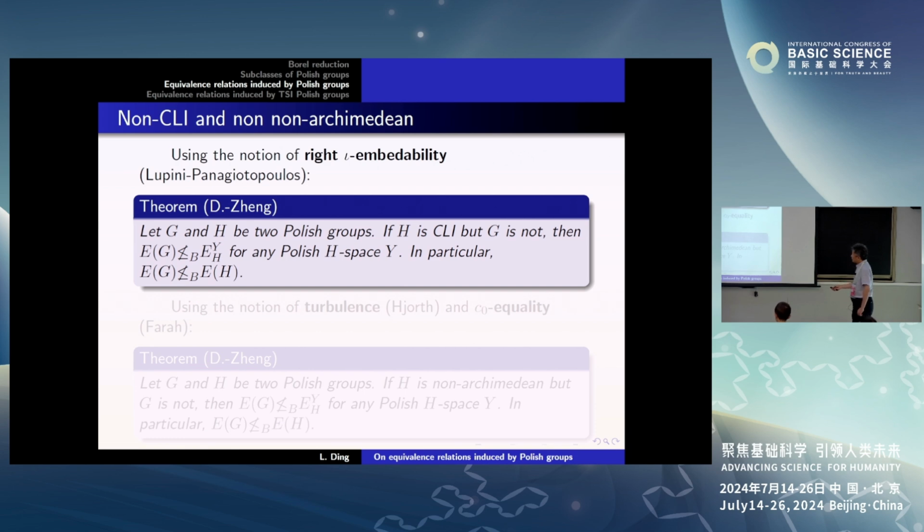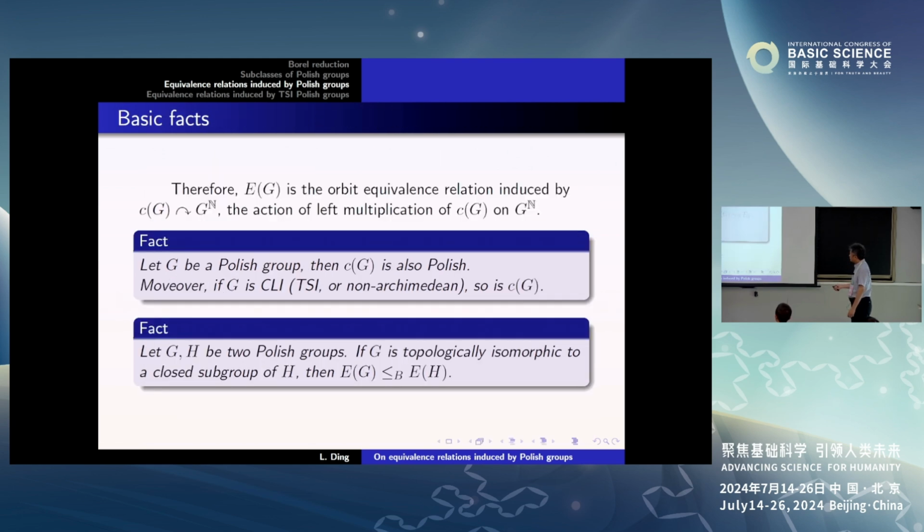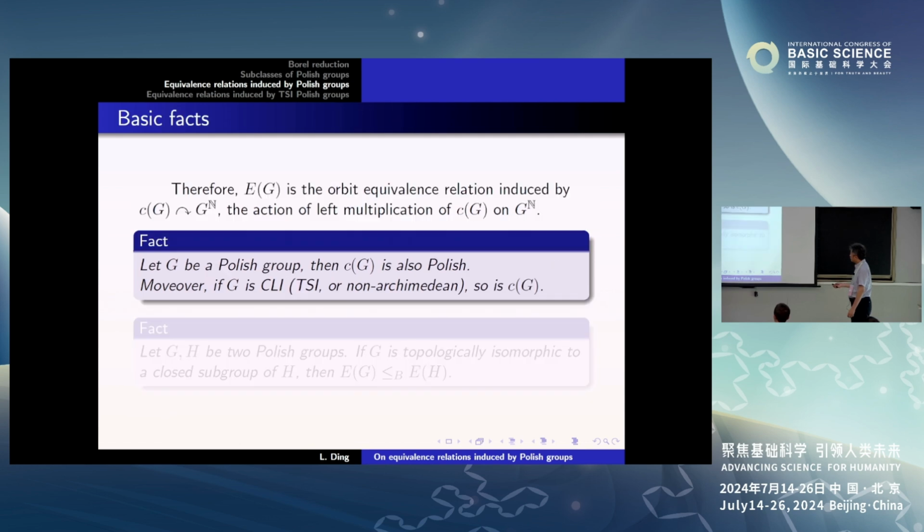In particular, we can get this because EH is an action of CH, and by the earlier fact, if H is CLI, then so is CH.